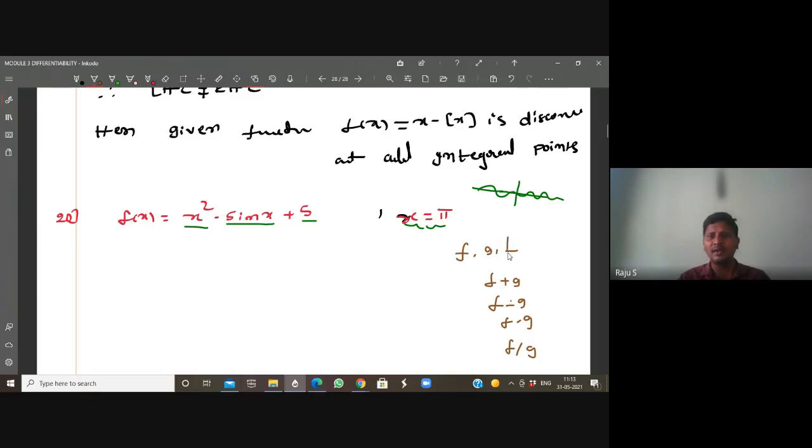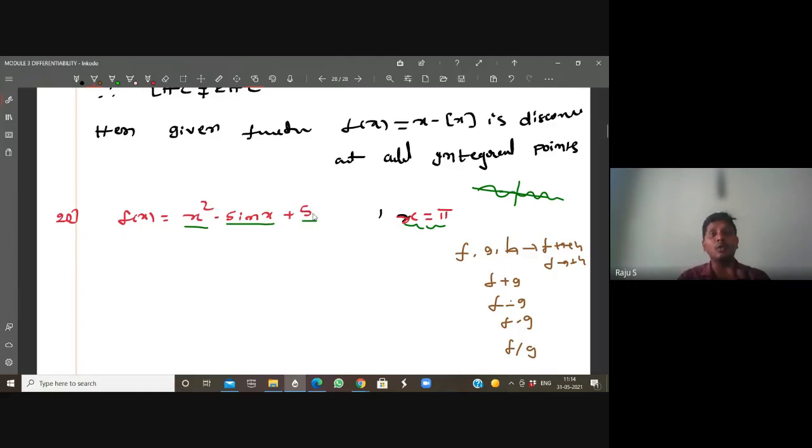If we take any three functions f, g, h, then f plus g plus h is also continuous, f minus g plus h is also continuous, like that. So here x square is continuous everywhere, sin x is continuous everywhere, and 5 is continuous everywhere. So we can conclude it is continuous at x equal to pi also.